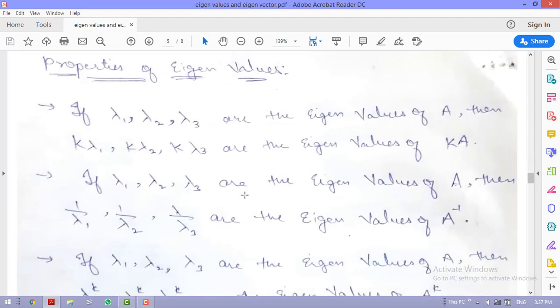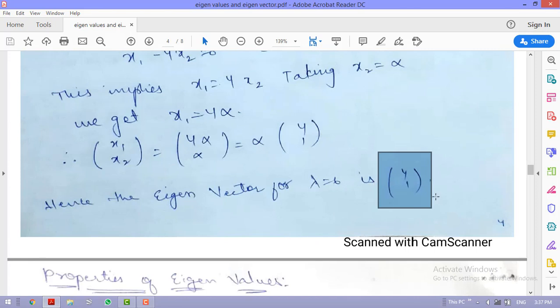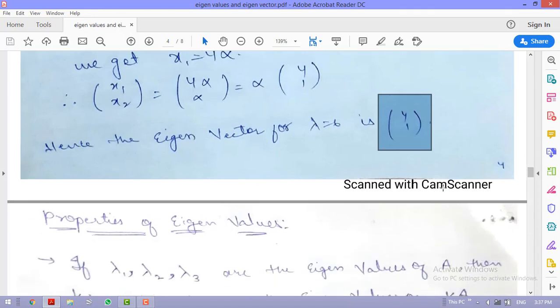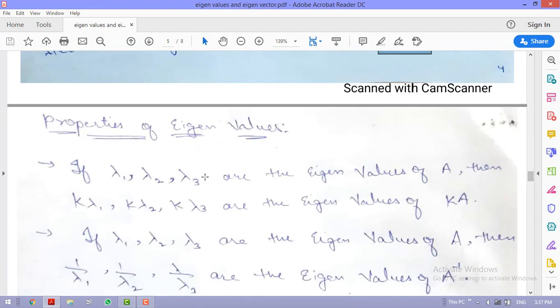Okay, so I hope you understood how to find an eigenvalue and eigenvector. Those are the simple questions they are going to ask in a GATE exam. Apart from that, they may even ask you about normalizing the eigenvector, where each element of the eigenvector has to be divided. We'll see that further. Let us first see the properties of eigenvalues.